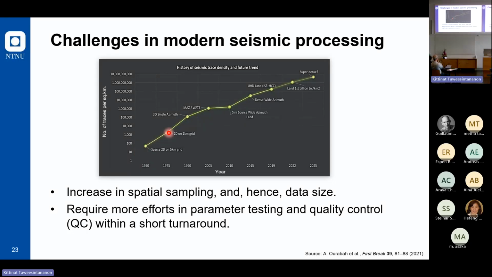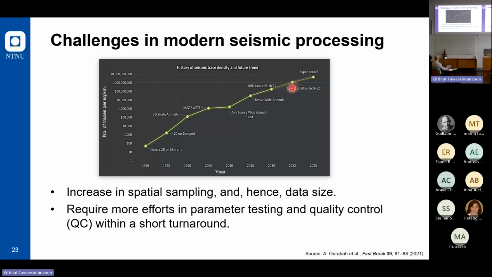But nowadays we have the capability to process and acquire larger and denser 3D seismic surveys, and recently achieved 1 billion traces per square kilometer for land. So it's quite a huge number.